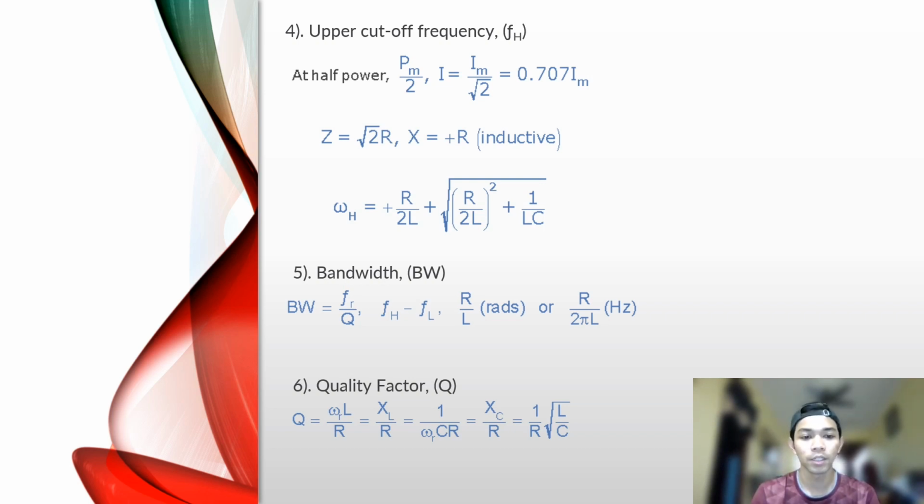For the last, quality factor Q equals omega r L over R, equals XL over R, equals 1 over omega r C R, equals XC over R, equals 1 over R square root of LC.